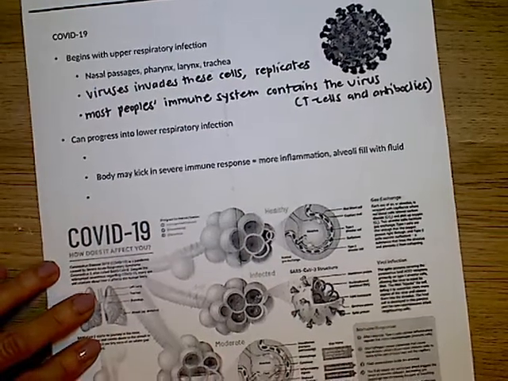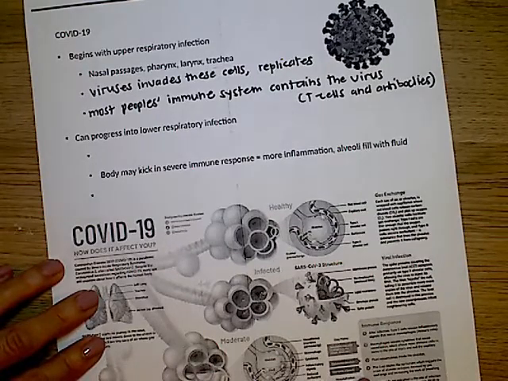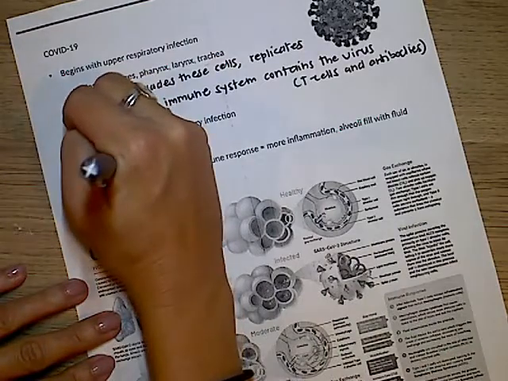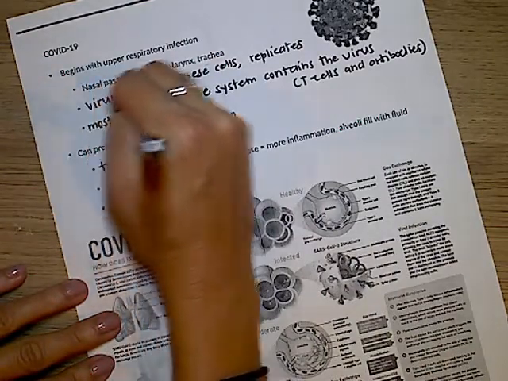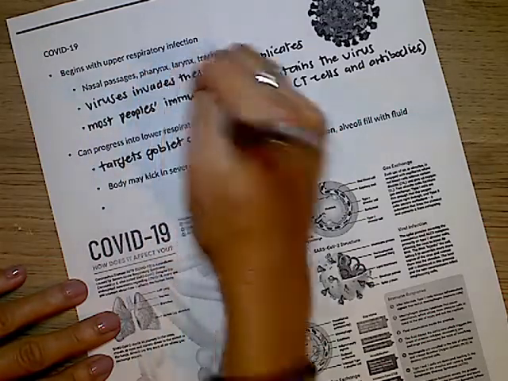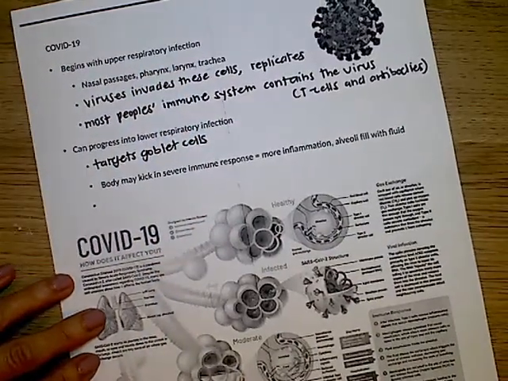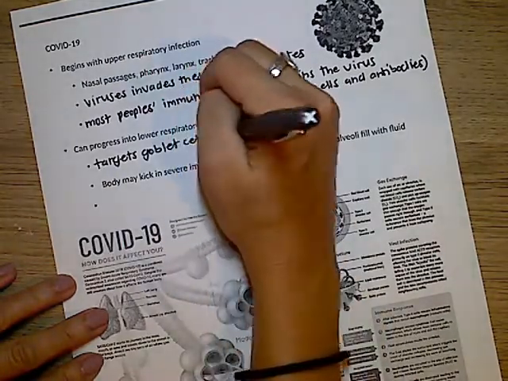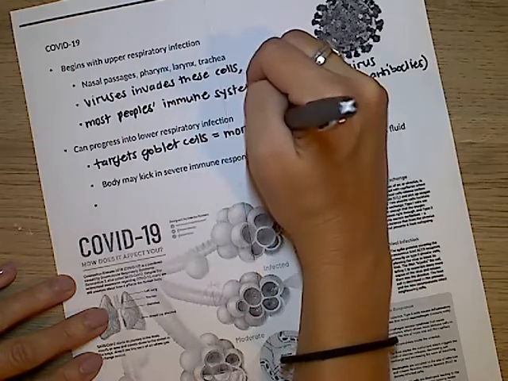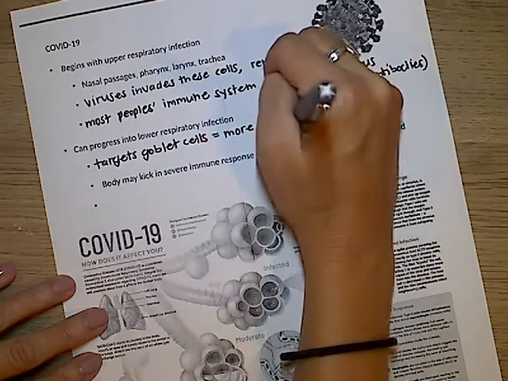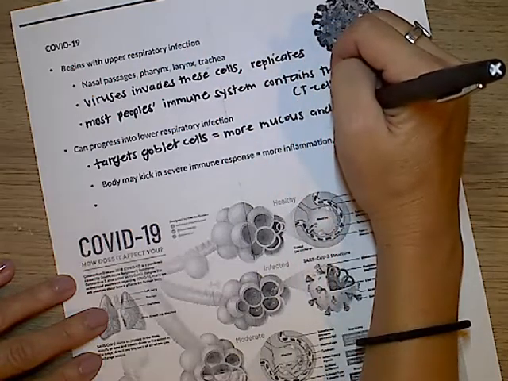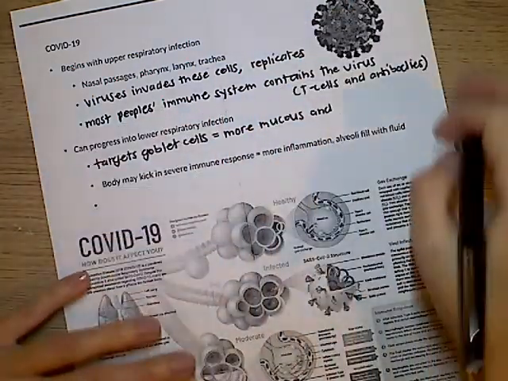But if it can't, it can progress into a lower respiratory infection, and that's where we start to see a lot of problems. So it targets your goblet cells, which, remember, those are the cells that produce mucus. So it's going to cause more mucus to be produced, and inflammation of your bronchial trees, the branches that go off into your lungs.